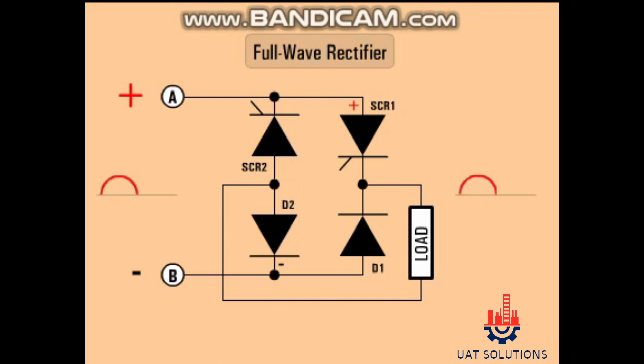During the negative alternation or second half cycle of the AC sine wave, A is negative and B is positive. D1 has a positive voltage on its anode and SCR2 has a negative voltage on its cathode. Current flows through D1 and SCR2 and the negative alternation of the sine wave is converted.